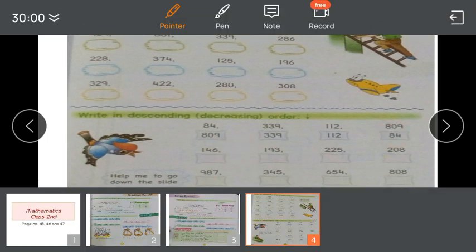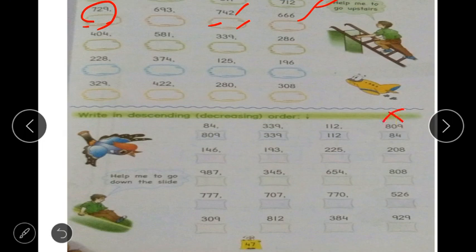Just to understand, you put a cross with your pencil. Now the remaining numbers are 84, 339, 112. Now compare 339 and 112. 3 is bigger than 1 in the 100 place. Okay, so 339 we have done, and 112 and 84. As 84 is a 2-digit number, you have to write it at last, and then 112.